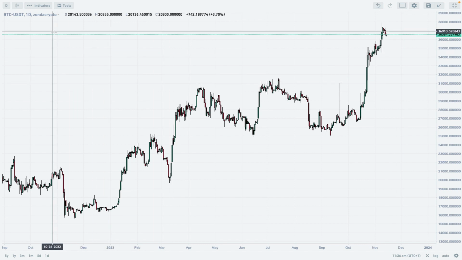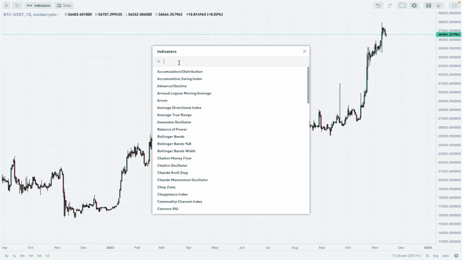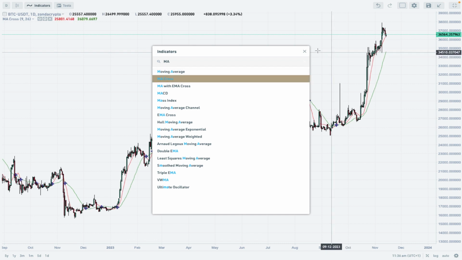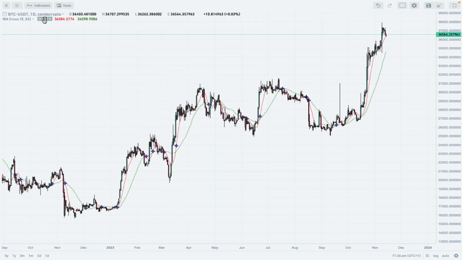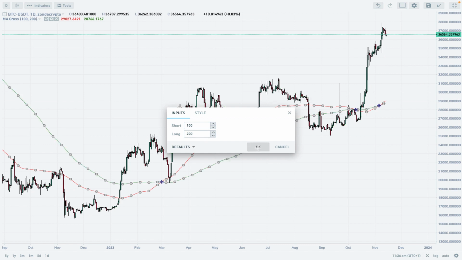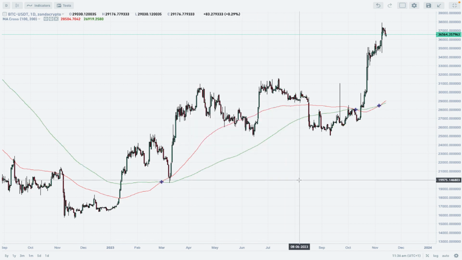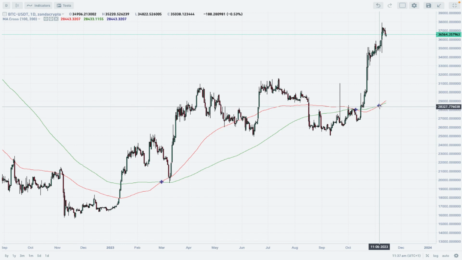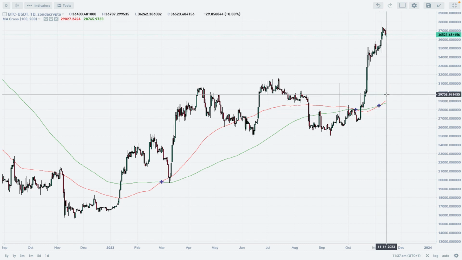If we take a look at the indicators, we are going to use the moving average cross in this situation, but we need to play with it a little bit because it's a daily time frame chart. So let's change it to the 100 and 200 days moving average. We can clearly see a bullish cross, or golden cross as they call it, with the 100 periods moving average crossing from the downside to the upside through the 200 periods moving average.